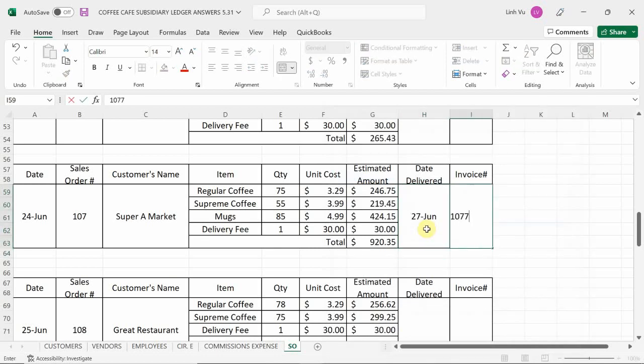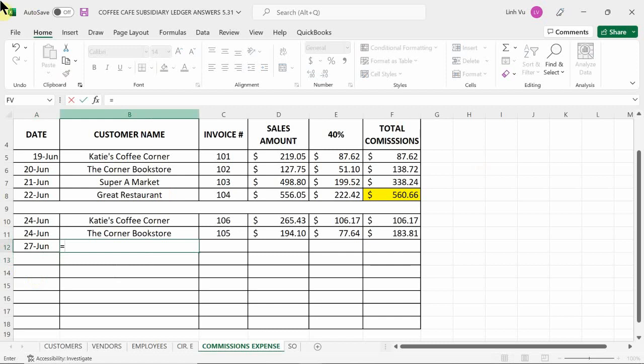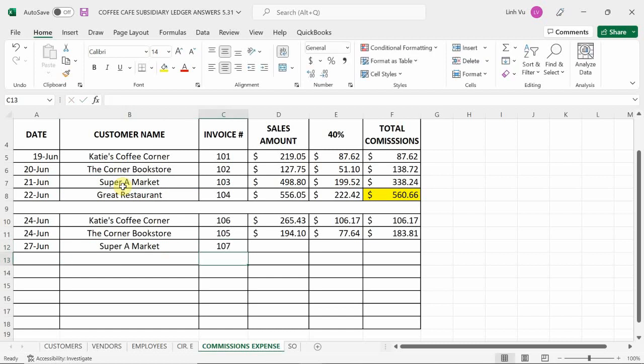Invoice number 107. And we need to go to commissions expense. And we put in that we delivered that. Okay. 9/20/35, yeah, and so the total there, I'm not sure that one.